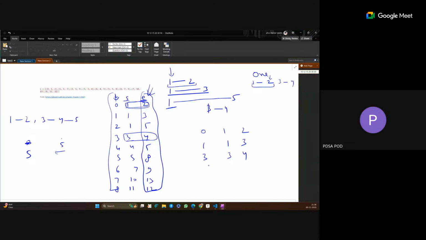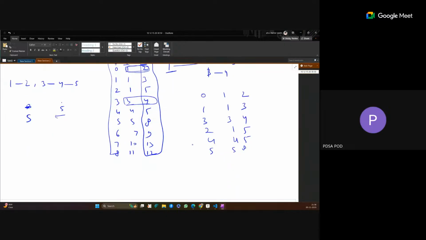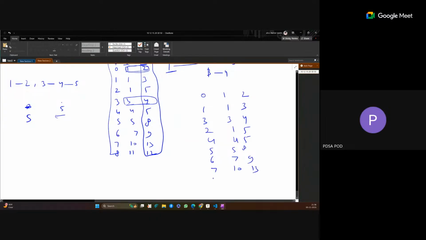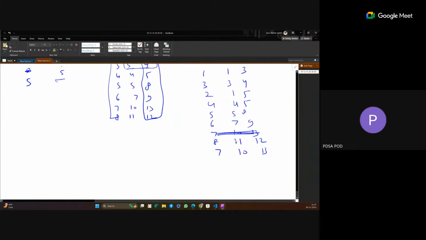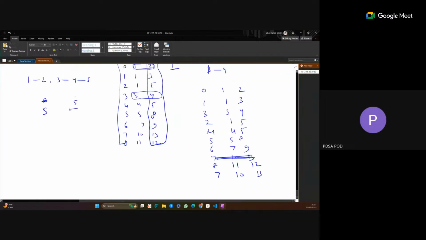Next is 2, 1, 5, then 4, 4, 5, then 5, 5, 8, then 6, 7, 9, then 8, 11, 12, and then 7, 10, 13. So the first step to solve this problem is to arrange all activities based on end time.